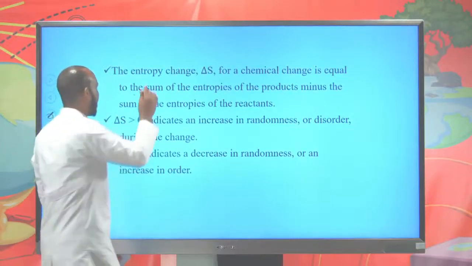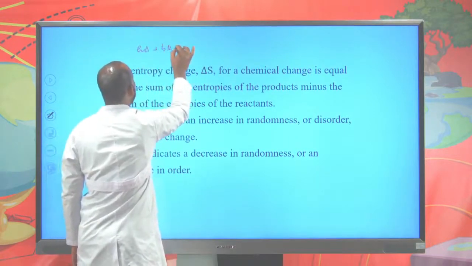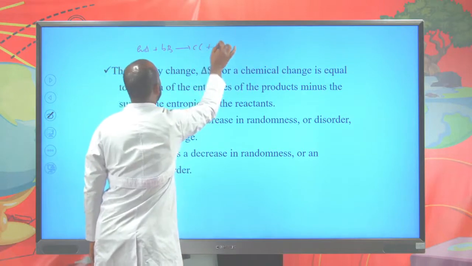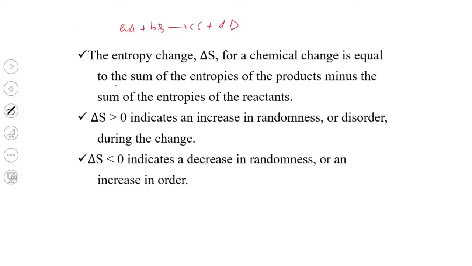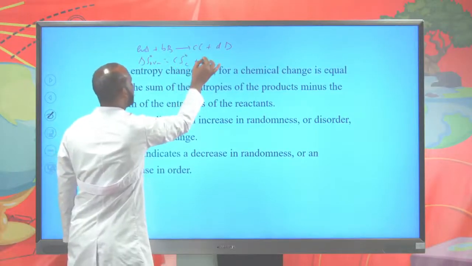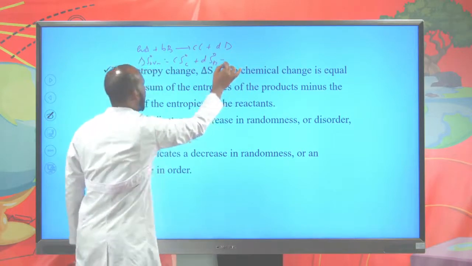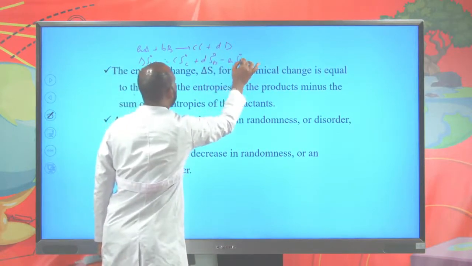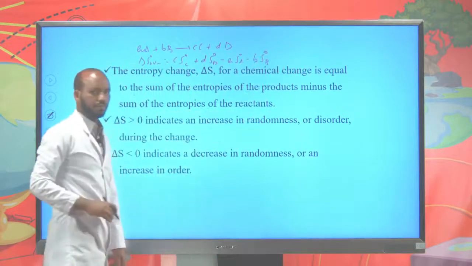For reactions of the type aA plus bB to form cC plus dD, the standard entropy change, delta S naught, of this reaction equals c times the molar entropy of C plus d times the molar entropy of D minus a times the molar entropy of A minus b times the molar entropy of B.